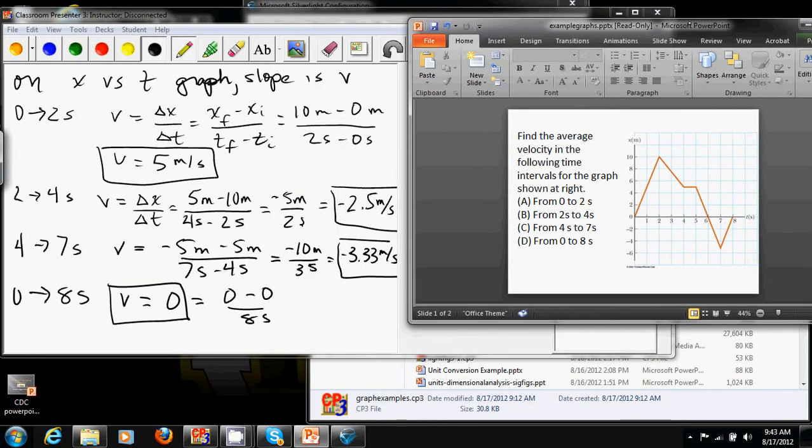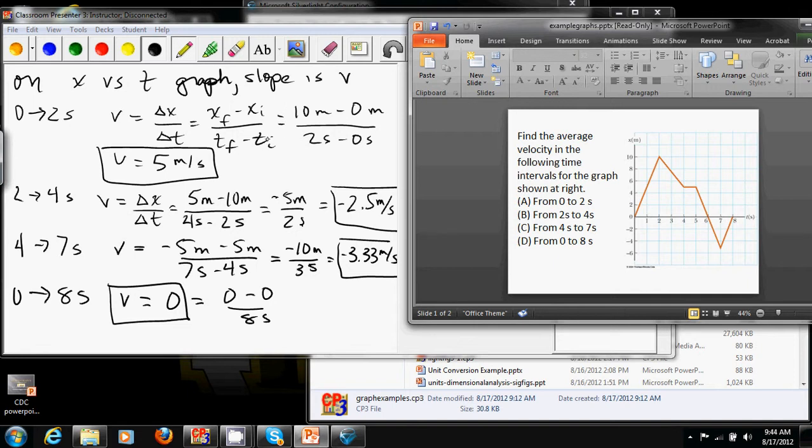Okay. All right. Now, on this x versus t graph, from 0 to 2 seconds, remember that we're just finding the slope here. And the slope is the rise over the run. In this case, the rise is your change in x, and the run is your change in time. And remember what we always do for the slopes and the rise over the run is we take the final minus the initial for both the position and the time.